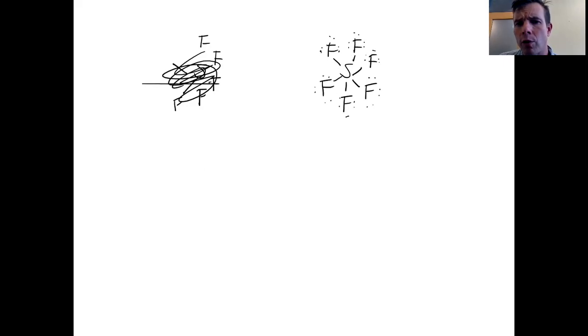Again, 2, 4, 6, 8 electrons around each fluorine atom. So 8, 16, 24, 32, 40, 48 electrons. Right? It works, with the notable exception that sulfur has 2, 4, 6, 8, 10, 12 electrons in its valence shell.